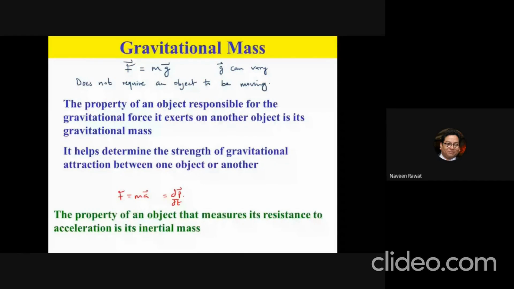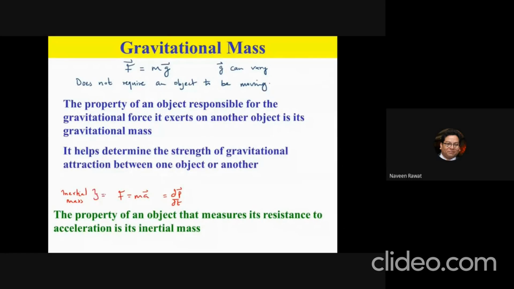Here, when we are defining mass, it has to do with the motion of the object, and we defined this mass as being inertial mass. This is the property of an object that measures its resistance to acceleration. So that's a completely different idea conceptually in physics.